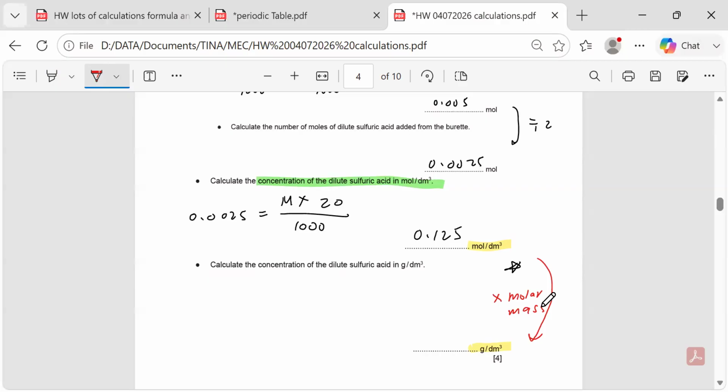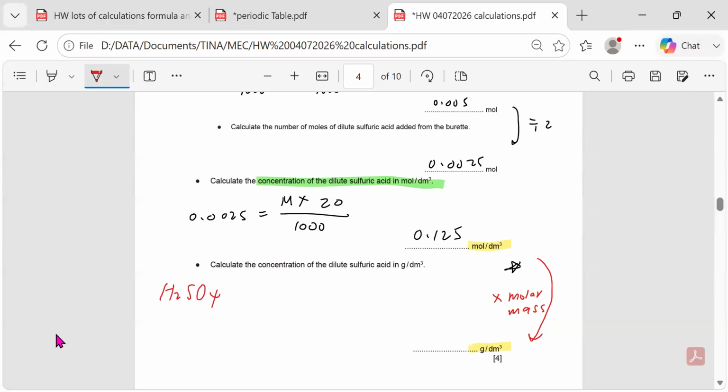What is the molar mass of sulfuric acid, H2SO4? Hydrogen is 1 times 2. Sulfur is 32. Count properly. Hydrogen, 1 times 2. Sulfur is 32. Oxygen is 16 times 4.